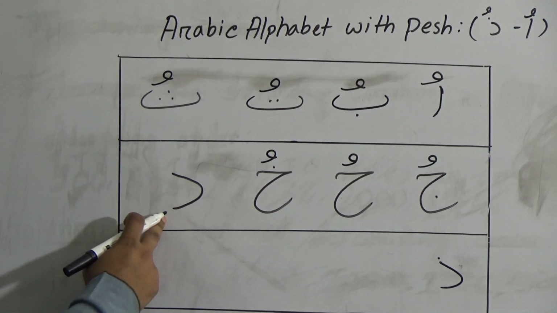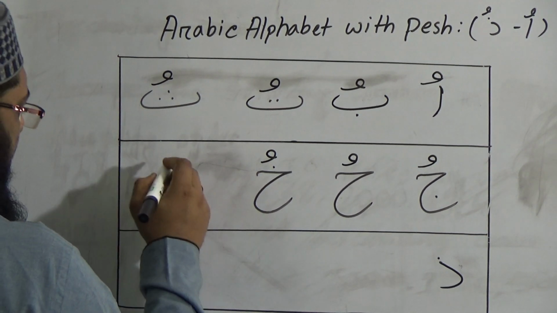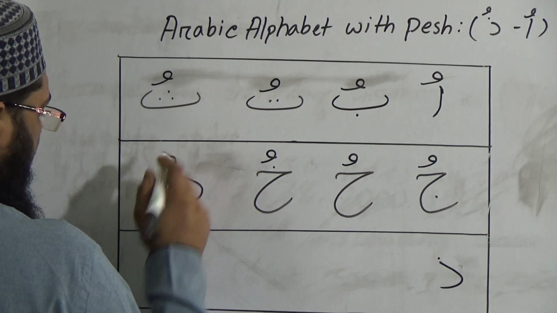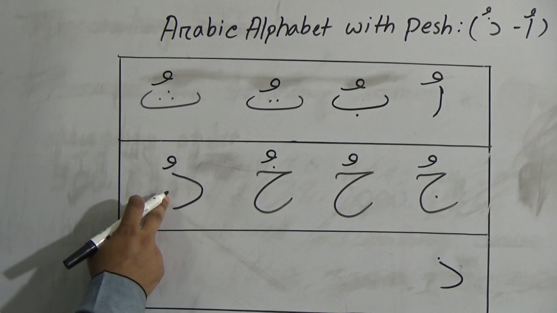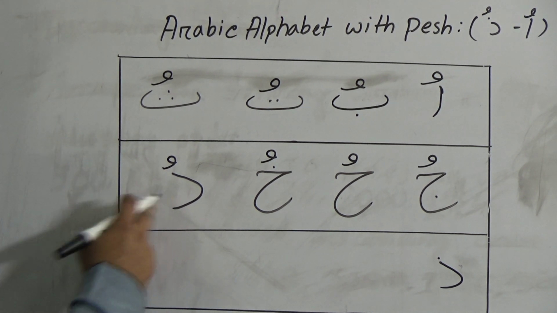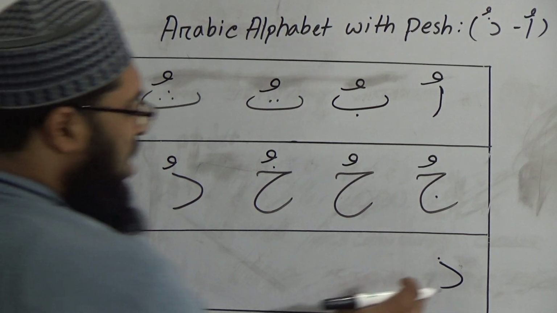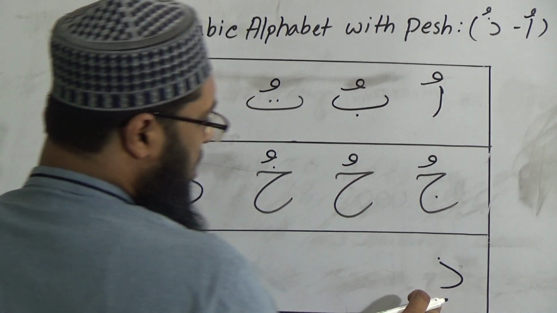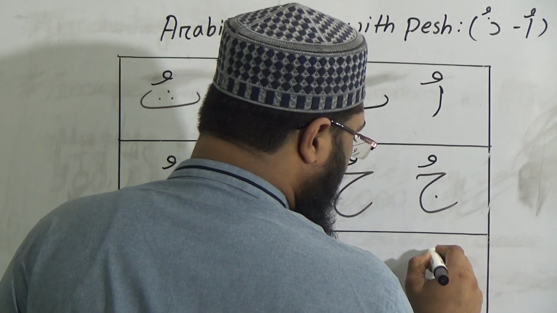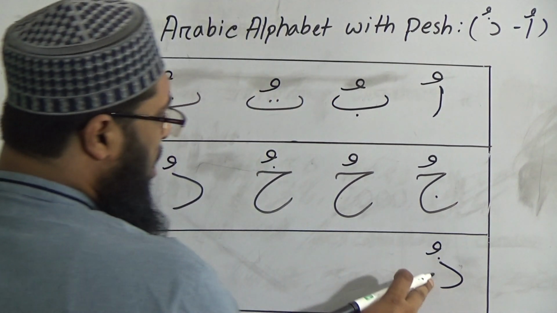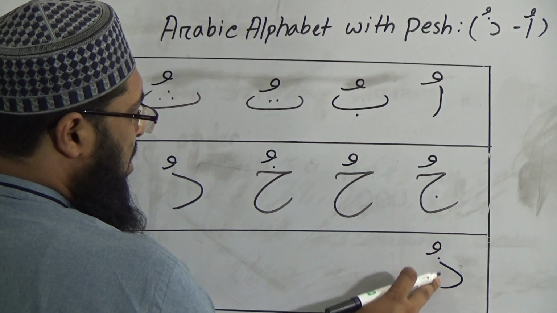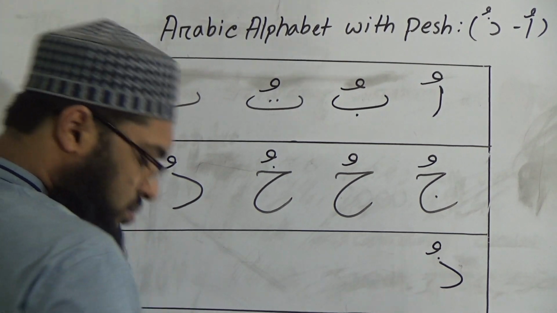Now I am putting a Pesh over the Dal, and you have to pronounce it Dal Pesh Du. Now this one is Zal. Now I am putting a Pesh over the Zal, and you have to pronounce this alphabet Zal Pesh Zu.